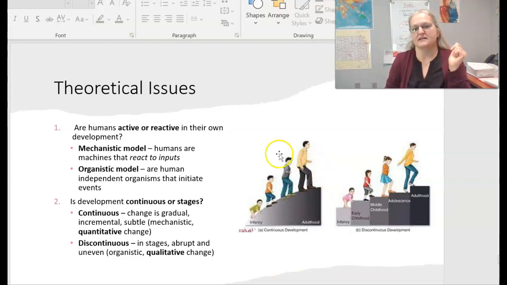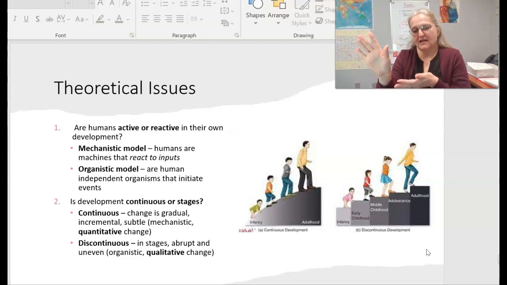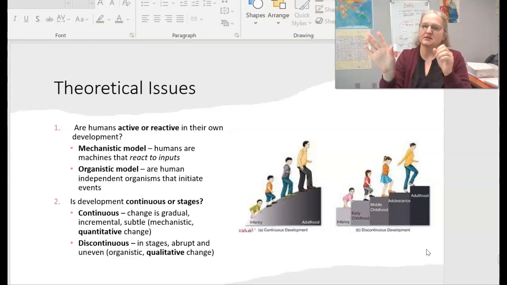That is, humans change gradually, a quantitative change. Discontinuous suggests that there are concrete, abrupt changes in development, as if stages are a stair step.